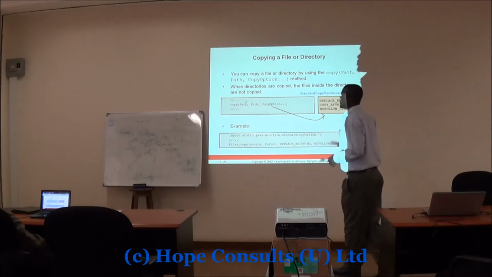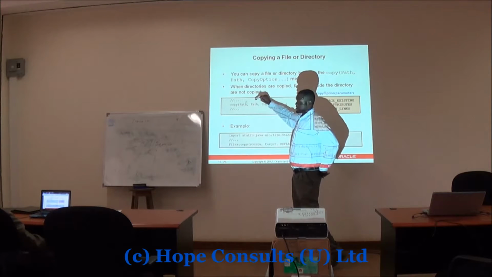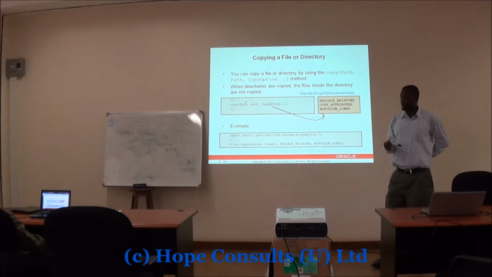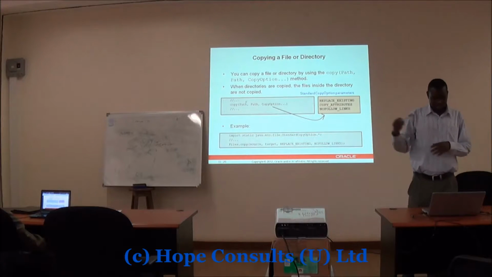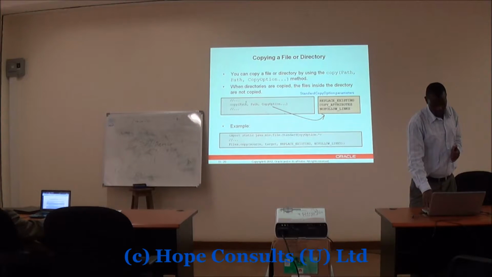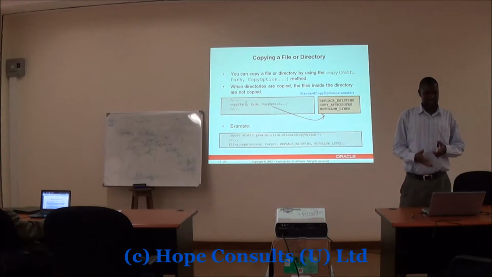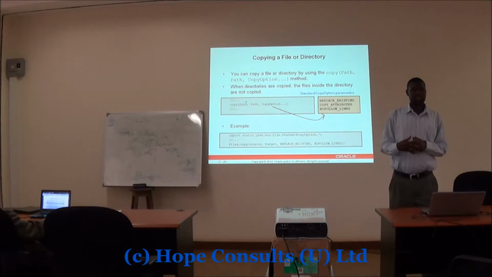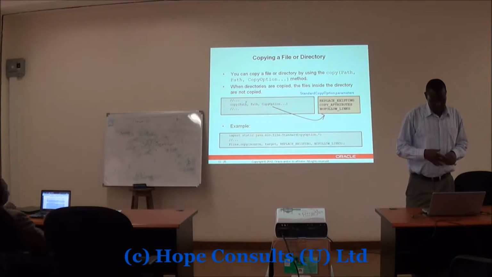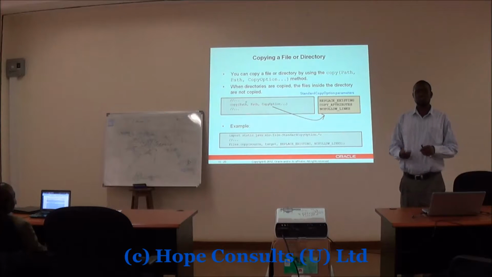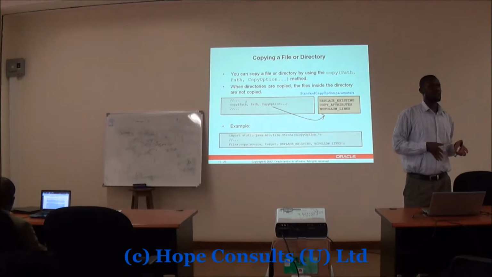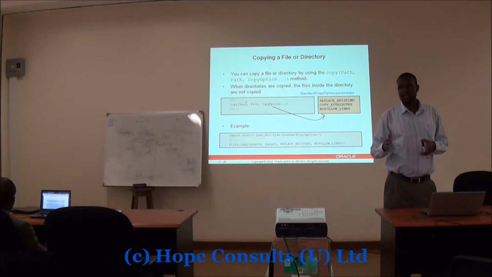So that if a link was pointing here, should it also point here? That is what it means. Or should it not follow? So those are the options you need to make. Either you are replacing the existing file or not, or the attribute is a hidden file or not, whether it's compressed or not. Those are the type of decisions you make when you are copying files from one part to another.